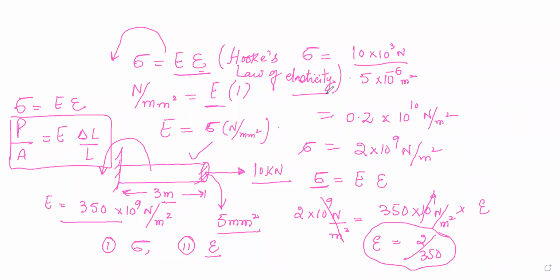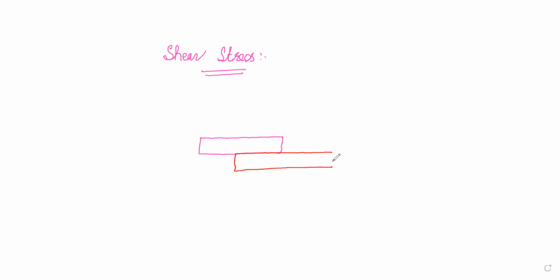And we need to give a very simple introduction about the shear stress here as well. Shear strain will be taken in a separate chapter, but we should be simply talking about the shear stress. Let's suppose we have two machine elements, and those two machine elements are in this form, like this.